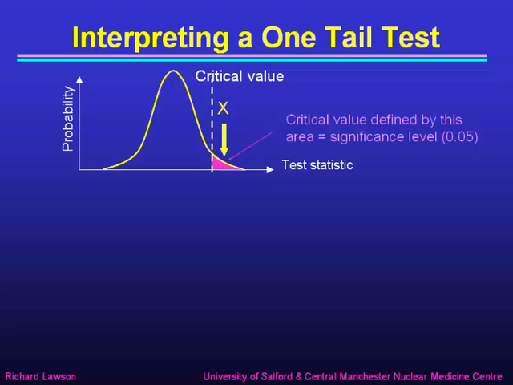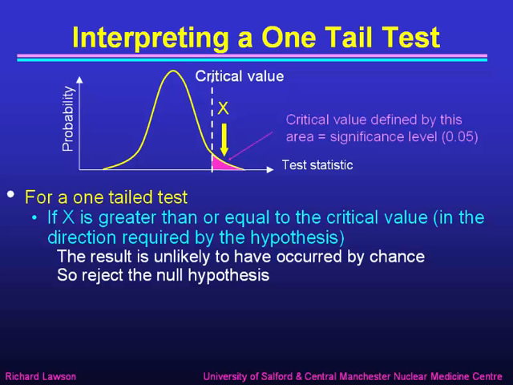So if we've got a one-tailed test and we have a critical value here defined by the area under the curve in that tail corresponding to the significance levels, so for example if we've chosen 5% significance, p equals 0.05, we have an area corresponding to p equals 0.05 looked up in tables, and that tells us the critical value.